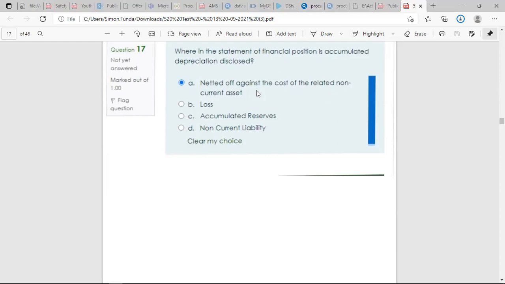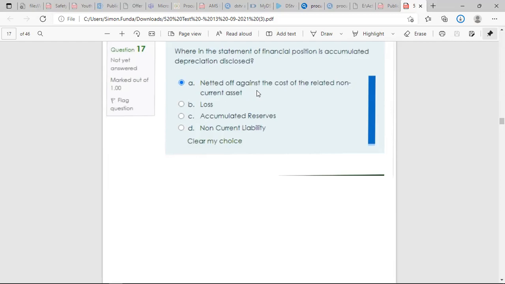We have a motor vehicle at a cost of 100,000, and every year we are depreciating it by 10,000. So for 3 years, the accumulated depreciation is going to be 30,000. So every year, as we prepare the financial statements, in the statement of financial position, the motor vehicle amount is going to be adjusted.